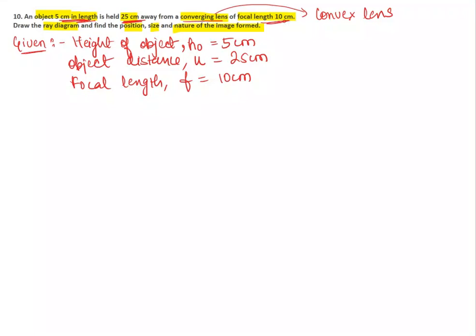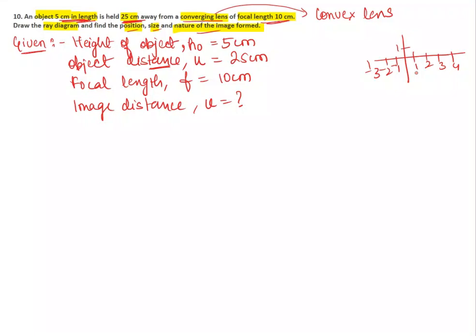Now next we need to find the position, size and nature of the image. So object distance is represented by u, and we can find the image distance, which is represented by v. We need to find this. Now as the object is always kept at left side, from the number line, this is 1, 2, 3, 4 and so on, and this is -1, -2, -3.